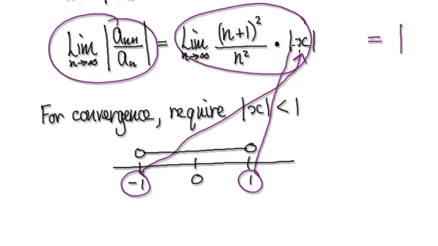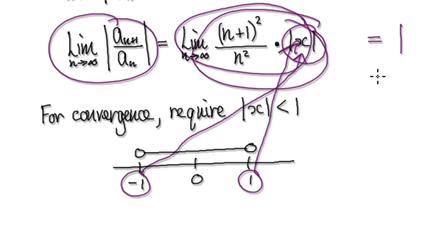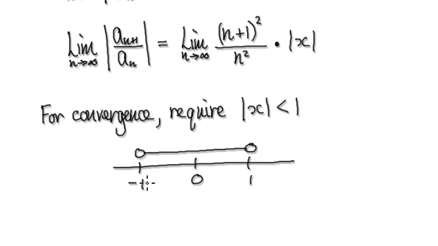If you put 1 in here, this whole thing will also be equal to 1. Again, it's inconclusive. So it's inconclusive at precisely -1 and at 1.